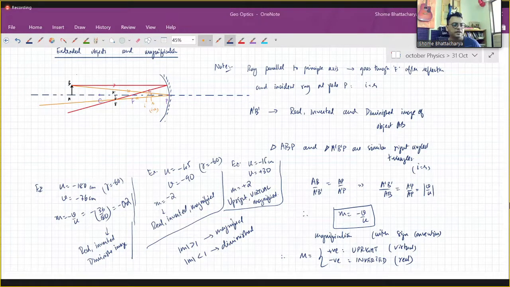No, the formula for magnification is minus V by U. So if U and V are of same sign, then it comes with minus sign, not with plus sign. Yes, yes. No, so the formula with sign convention is like this: minus v by u. Here it's not mod of v and u; it's minus v by u, where we substitute with sign.